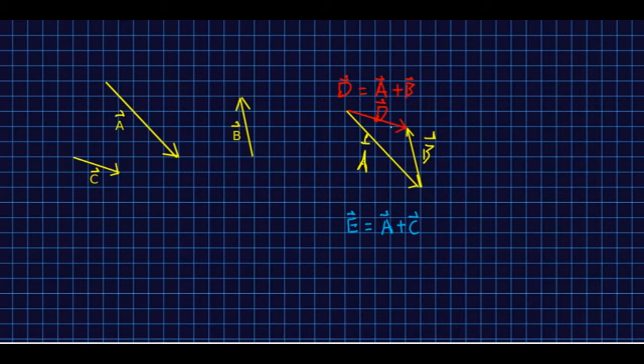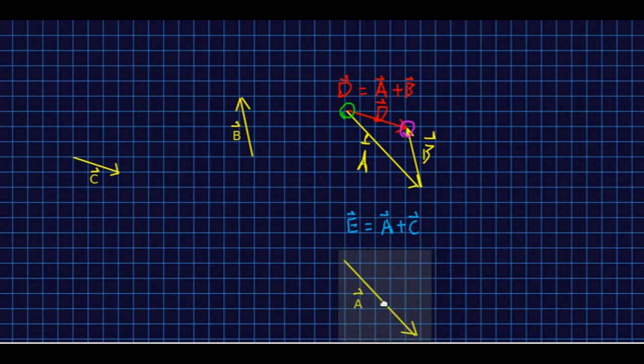And the thing to notice is the last step. We started over here, drawing A, and we finished up over here, drawing B. And so D points from where we started to where we ended up. So now I'll just quickly do E, and just remind you that you can always just slide vectors around.